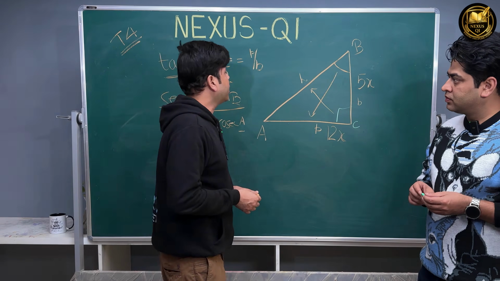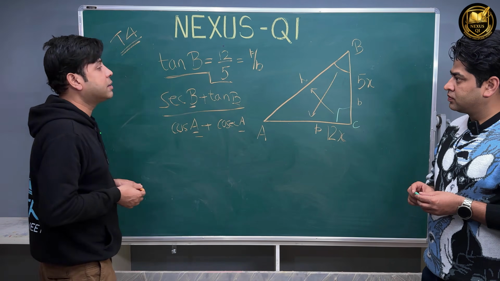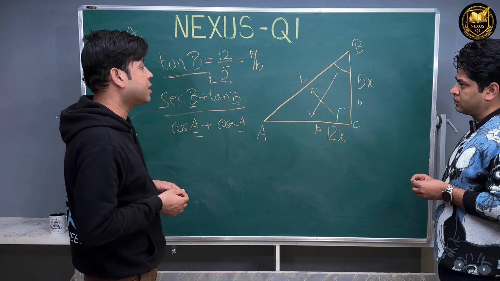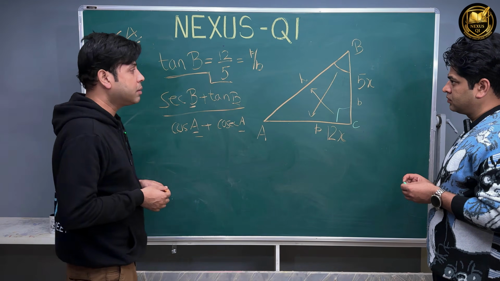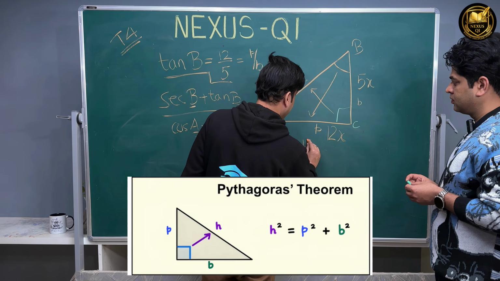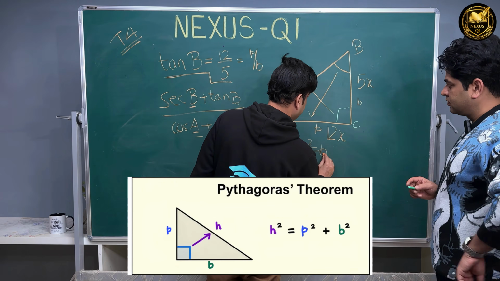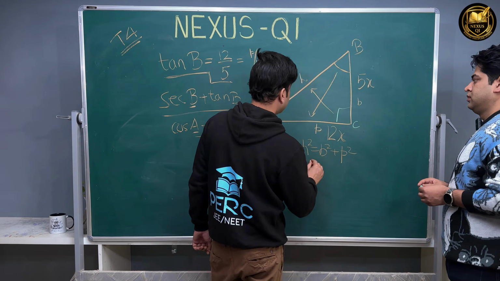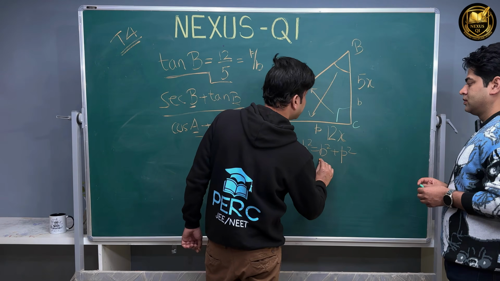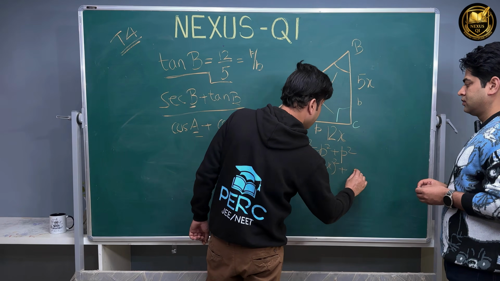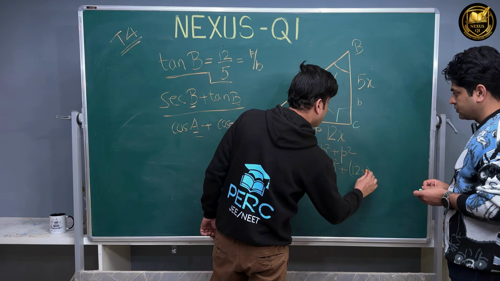Now we have two sides, BC is 5x and AC is 12x. We need to find the third side, so for that we use the Pythagoras theorem. H square is equal to b square plus p square. Base is 5x whole square plus perpendicular is 12x whole square.